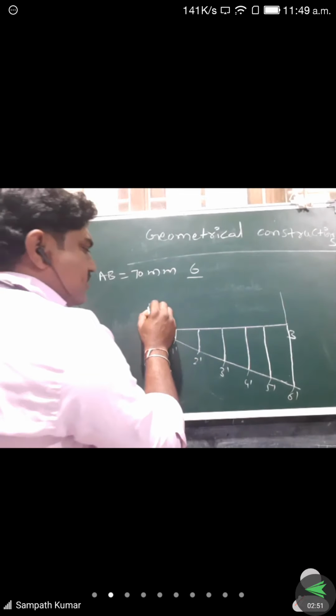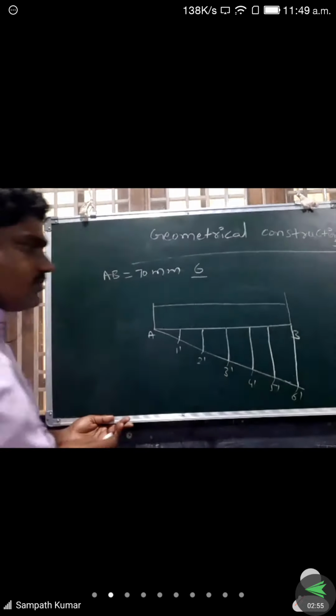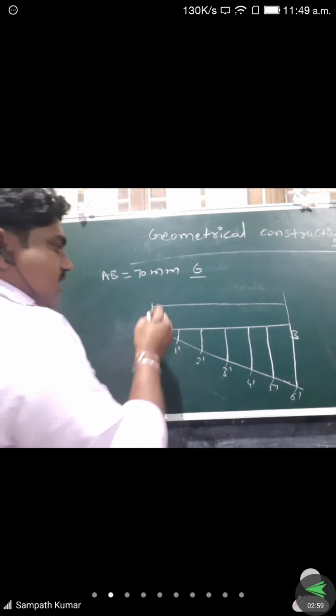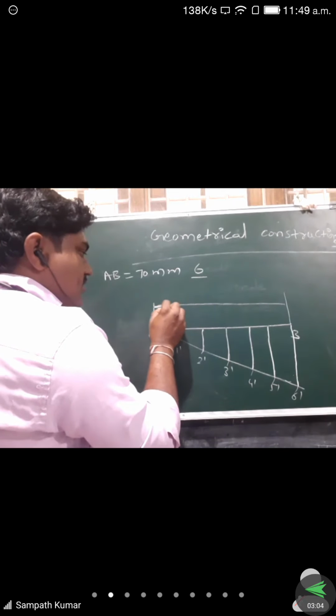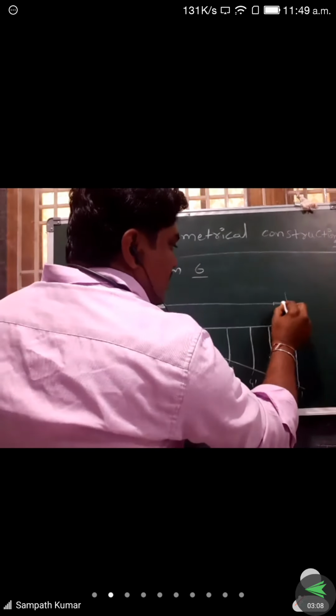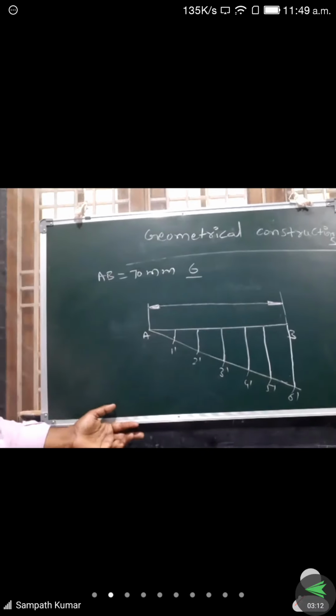Then we have to draw the dimension line, which is parallel to line AB. Then we have to give the arrowhead. The arrowhead must be in 1:3 ratio.